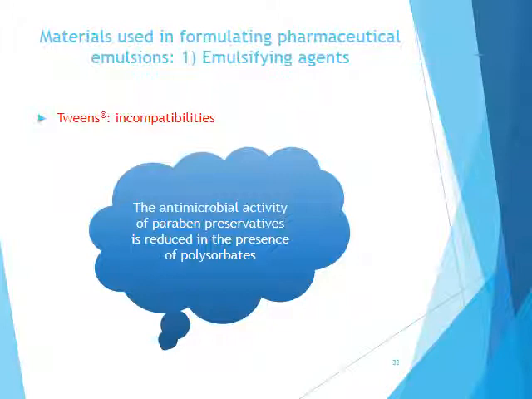Why is this happening? Because polysorbates are surfactants, so they form micelles, and if the antimicrobial preservative is trapped inside the micelles, it is no longer acting as an antimicrobial preservative. So that's one of the incompatibilities happening during pharmaceutical formulations.